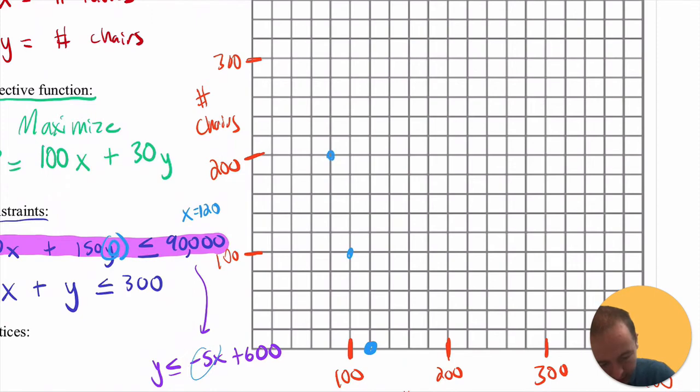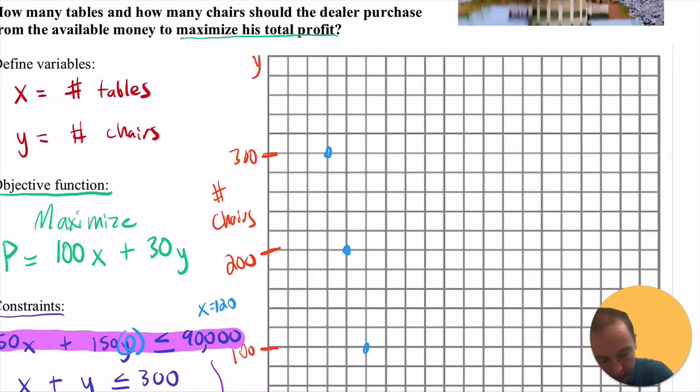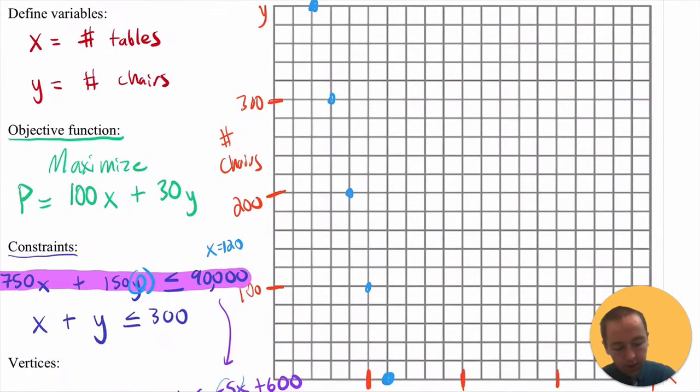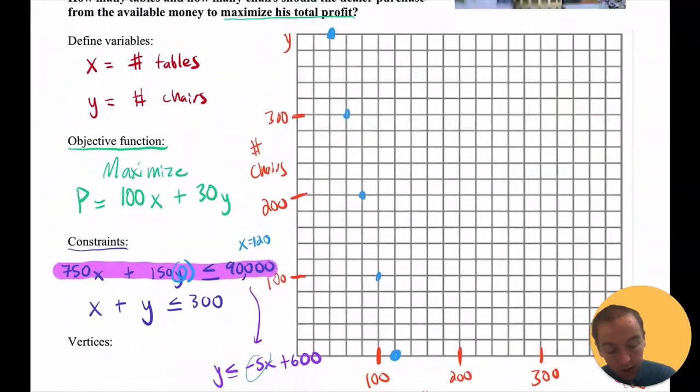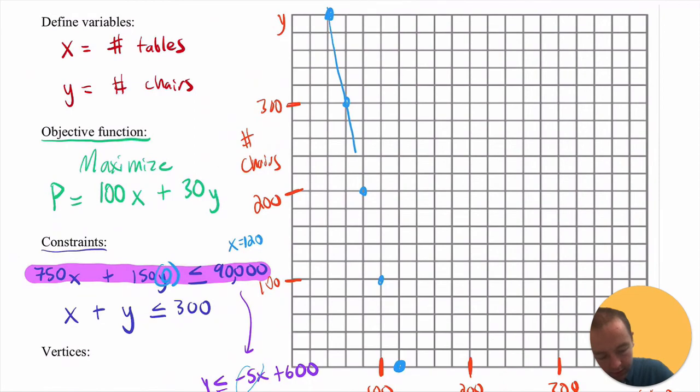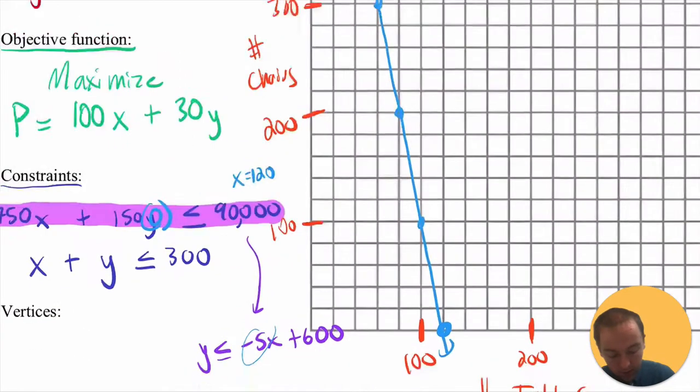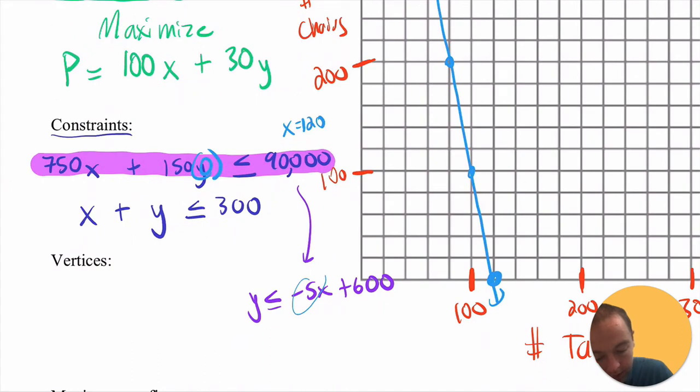Okay, so something like that should be a little bit more accurate. So if we kept going, eventually it's going to have that y-intercept up there with 600. So we're good there. So I'm going to make this a nice solid line, and that's that first constraint there.